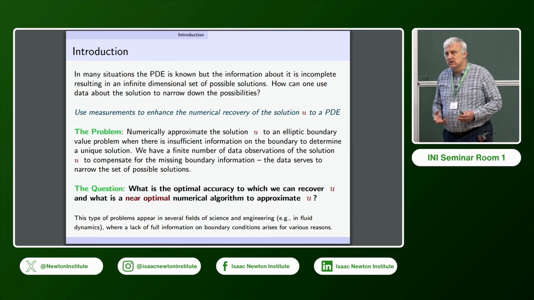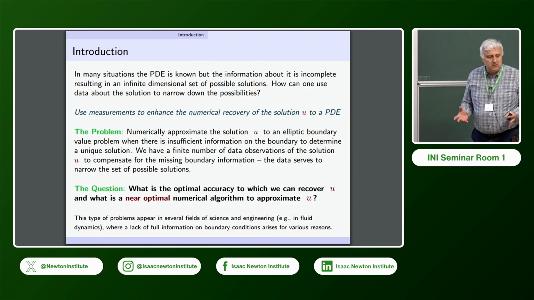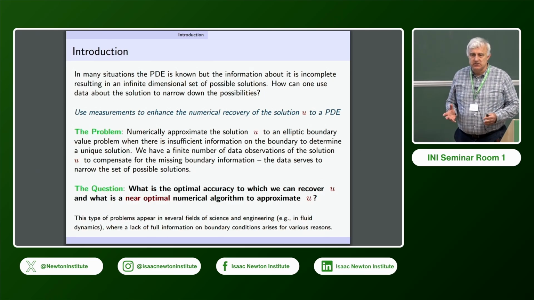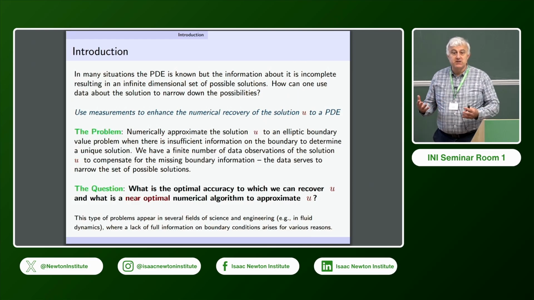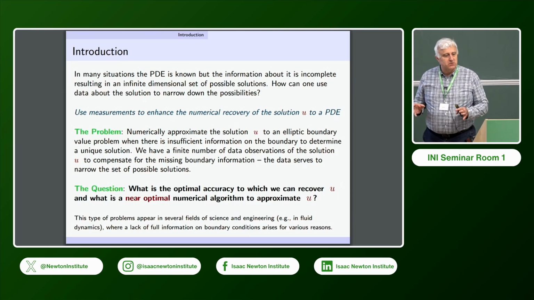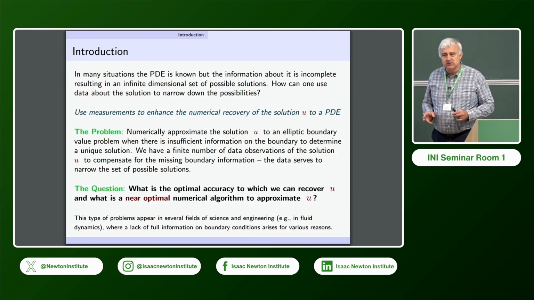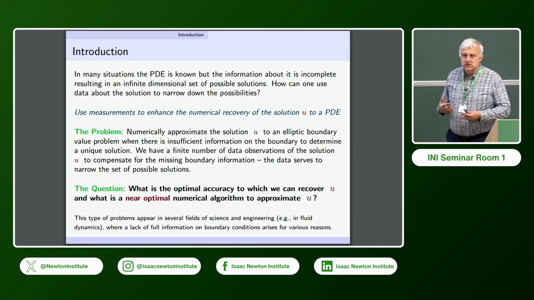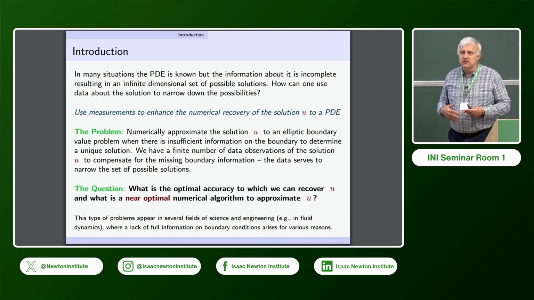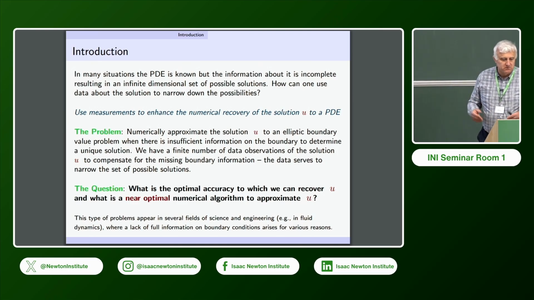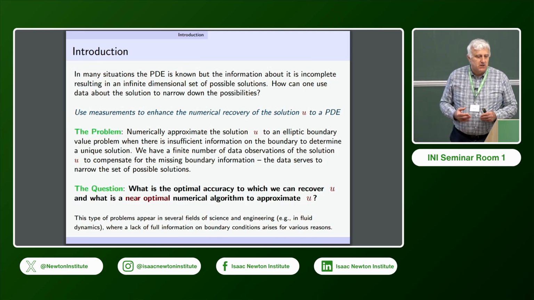So what is the problem? The problem we consider is something about PDEs for which we don't have complete information. So we can choose different things we don't know, but we emphasize now on the problem when we don't have information about the boundary, because this is a problem that often appears in different practical settings, in particular in fluid dynamics.